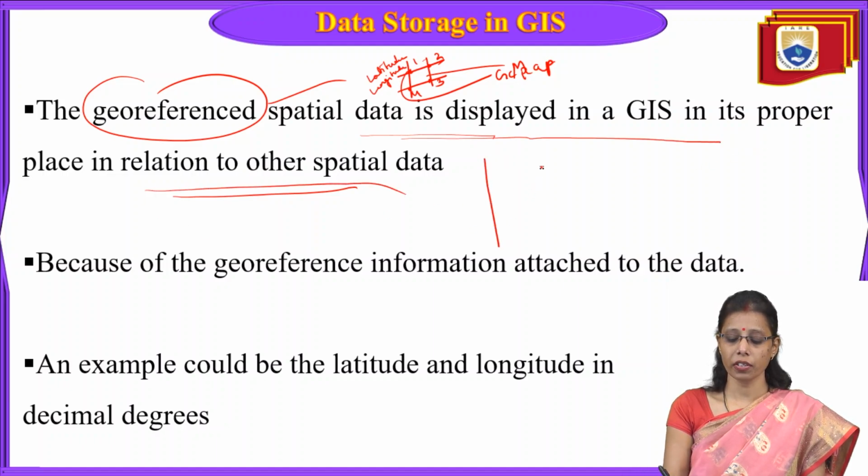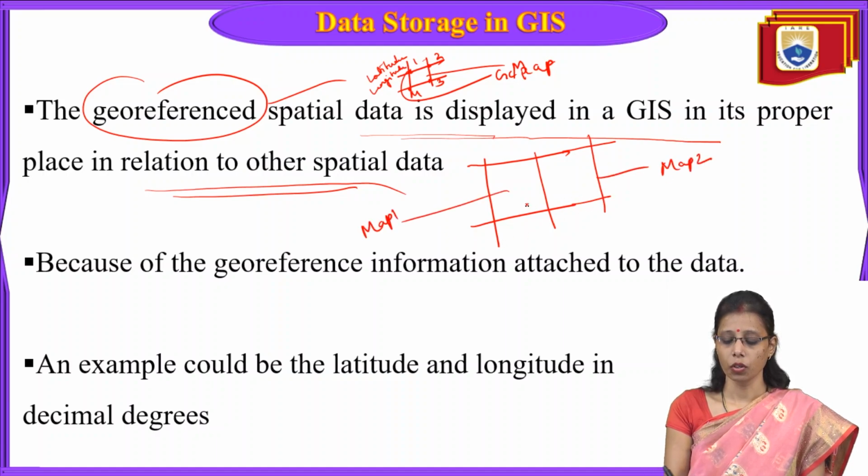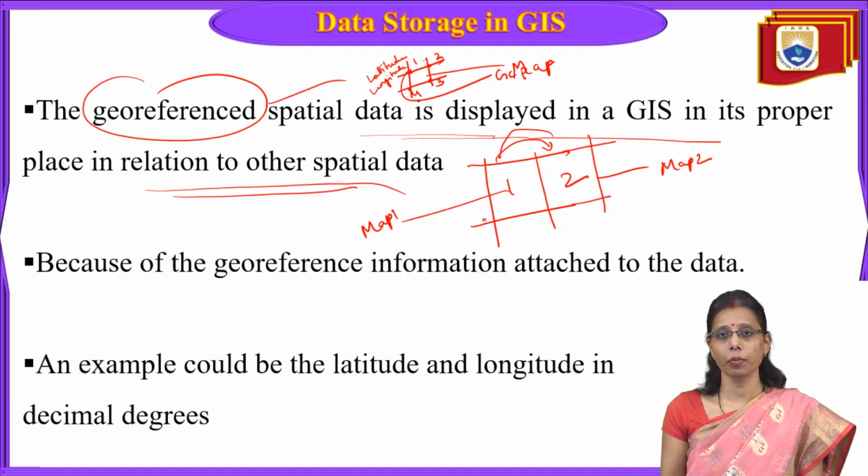Once we georeference, for example, we have 2 maps here. This is one map and the other map is adjacent to this. This is called map 1 and this is called map 2. This data should be georeferenced. If you want to align these 2 maps adjacent to each other, then both maps should be georeferenced.